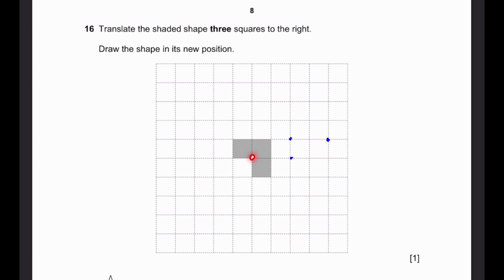This vertex 1, 2, 3, this vertex 1, 2, 3, and the final one goes over here, 1, 2, 3 to the right. And now we can draw the shape in our new position. That's our answer.